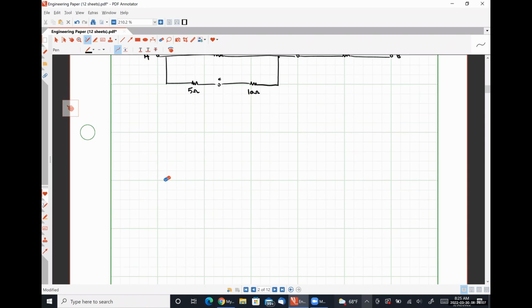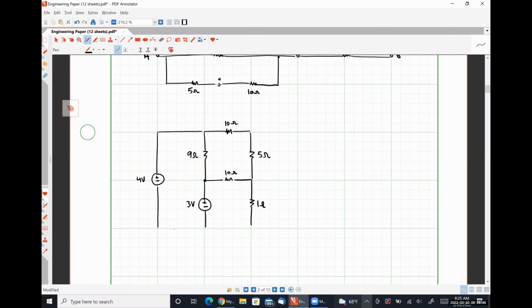I'm going to redraw our original circuit here. And I'm going to draw the Thevenin equivalent.